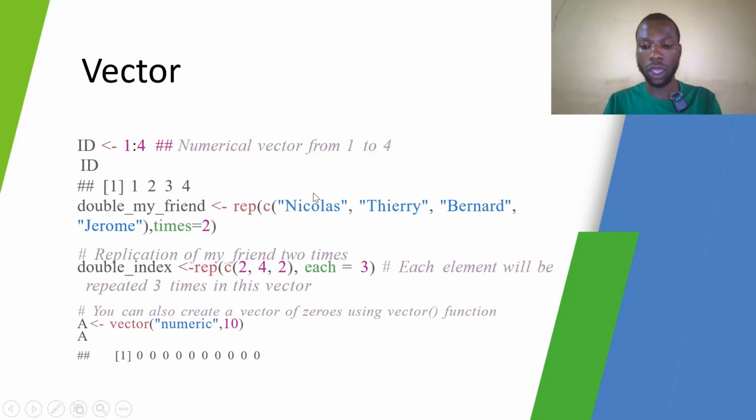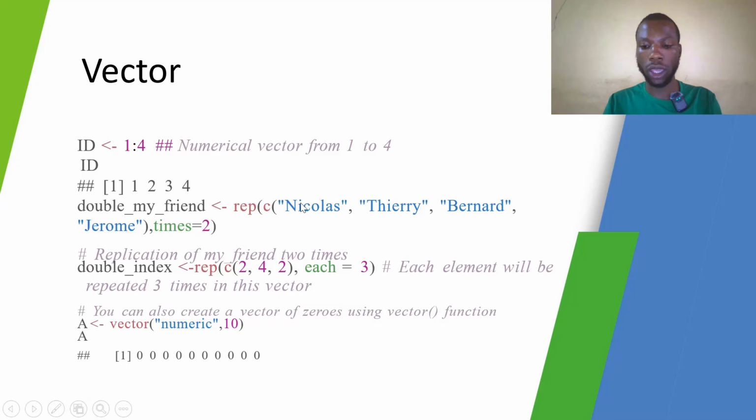So we put the replicate, and then we say we want Nicole, Thierry, Bernard, something like that, and then we need them to be replicated two times. That's what it means. Even for the numeric, you can do it, but keep in mind that replicate helps us to replicate the values to the extent we want.